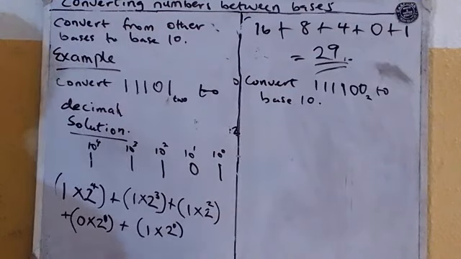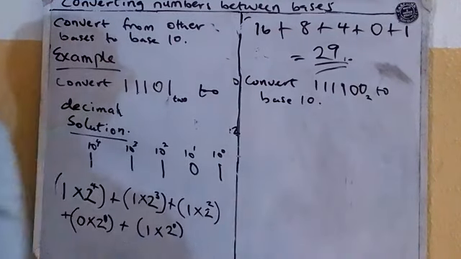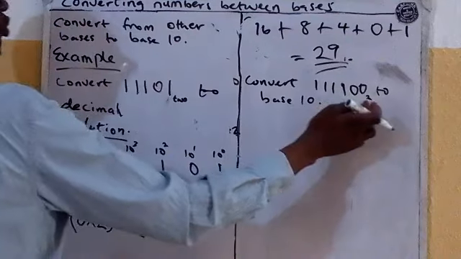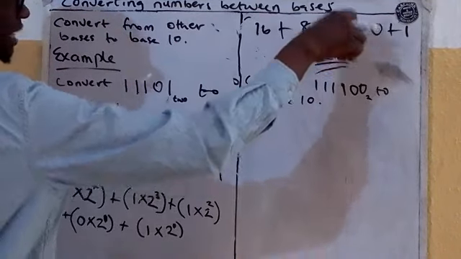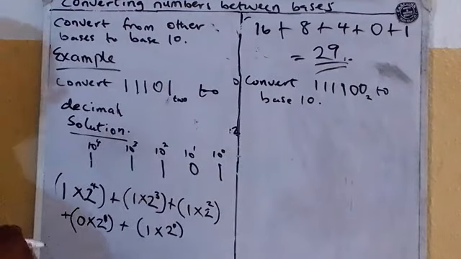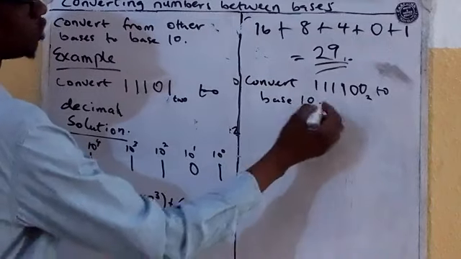Like I said, it is continuous multiplication of each of the digits by the base, raised to the power of the position of the digit in that place. Yes. So this is it. I have the first one here.